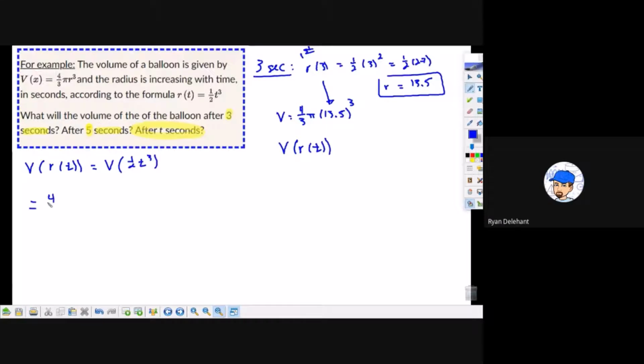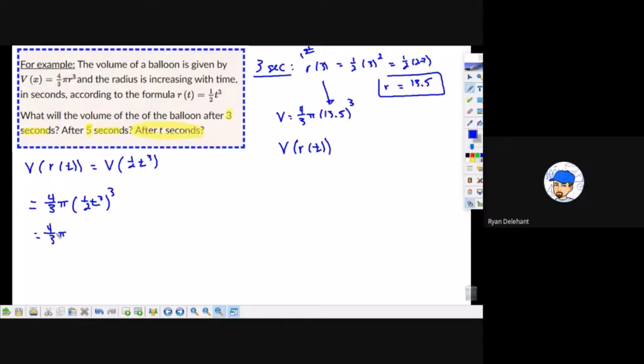So this is 4/3 pi times 1/2 T to the third, to the third. So everything in this, the fraction top and bottom and this, are going to get that third. So we need to distribute that third to everything.